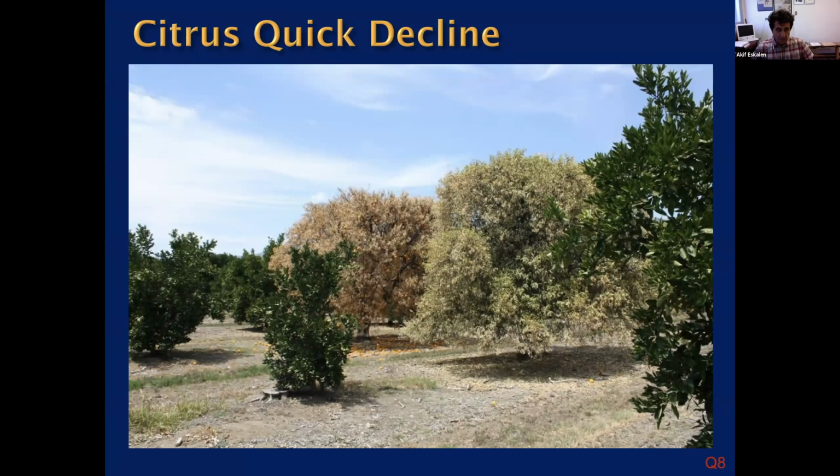So if I had to summarize it, dry root rot is a disease complex. Citrus quick decline is also a disease complex caused by the combined effect of the Fusarium and the citrus tristeza virus. I have to point out that the sour orange rootstock is the most susceptible to the citrus tristeza virus.